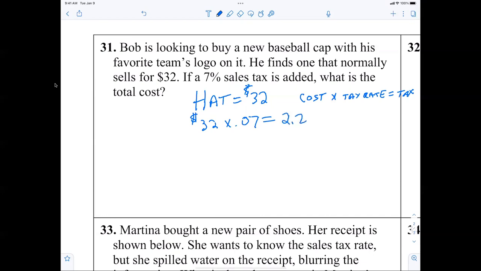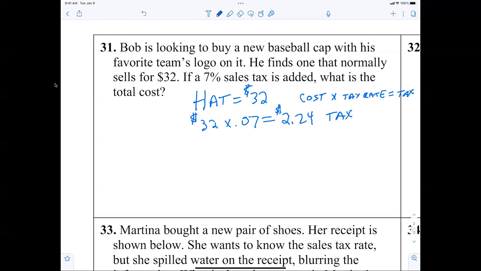$2.24. Yes, plus 2.24 is the amount of tax you have to pay. So when you walk out of the store and you bought the cap, Jackson, how much did you actually have to pay them? How much was the cap? And how much was the tax?